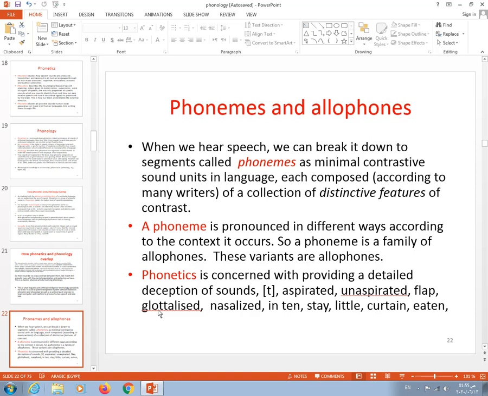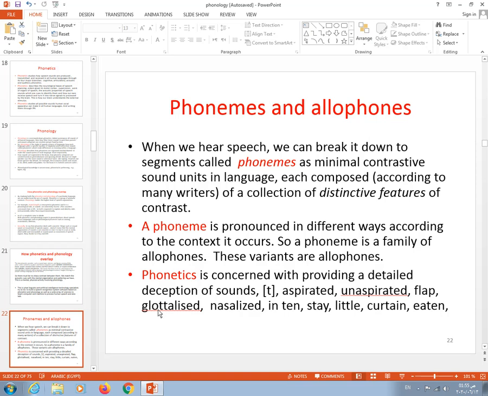For example, a sound such as t is a phoneme. Why? Because if we change t in, for example, ten, and say den, we get a new word. But t is pronounced differently in different words due to the influence of the surrounding sounds.